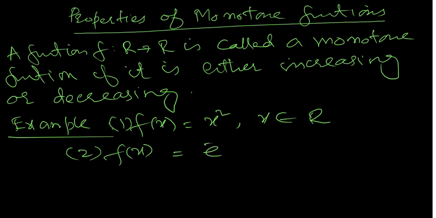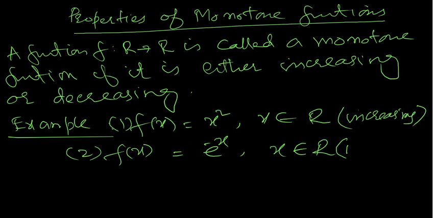You can say it's monotonic decreasing. So this one is an increasing function, therefore it's a monotone map, and this one is decreasing. Okay, so both the functions are monotone functions. These are the examples of monotone functions.